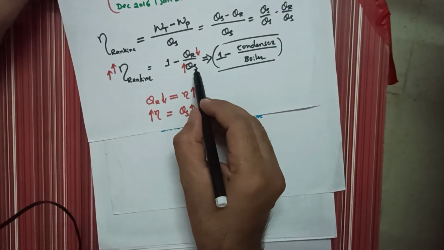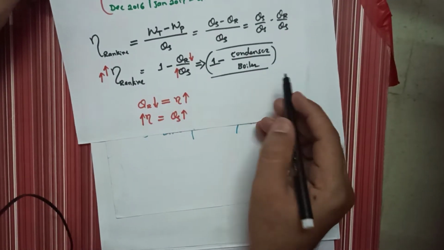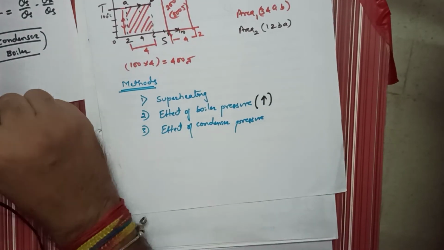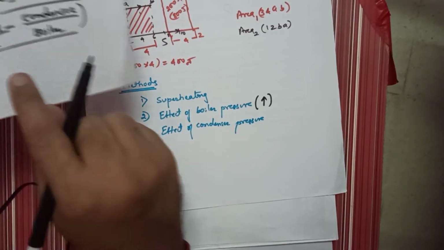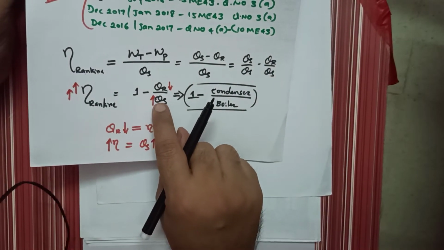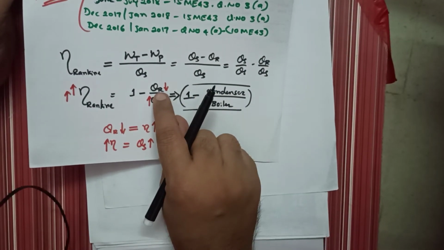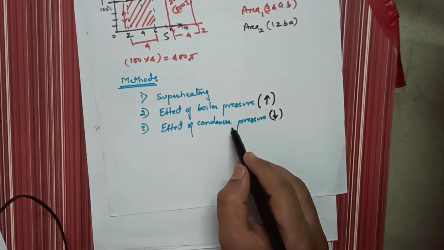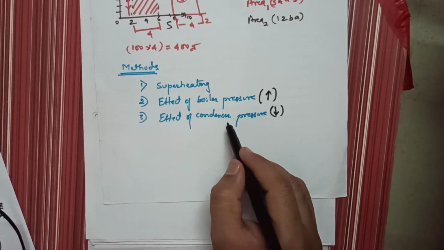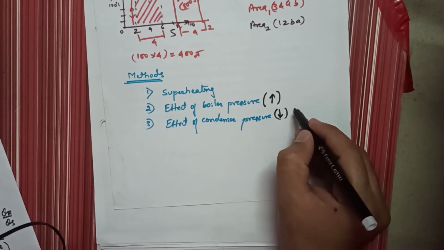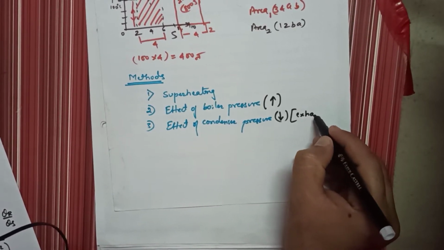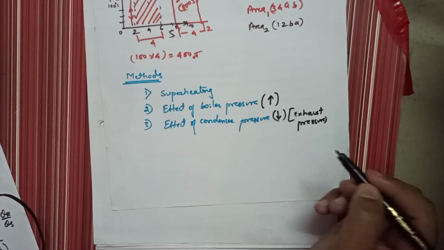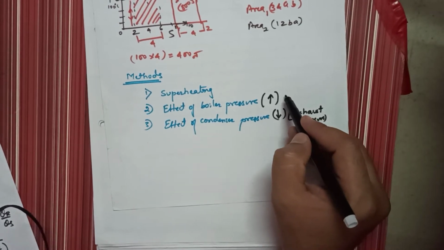Obviously here heat is supplied at the boiler, so the boiler pressure should increase, the value of QS should increase, and in the condenser the value of QR should decrease. Effect of low condenser pressure is also called effect of exhaust pressure. In some books they will write exhaust pressure. Effect of boiler is heat addition.